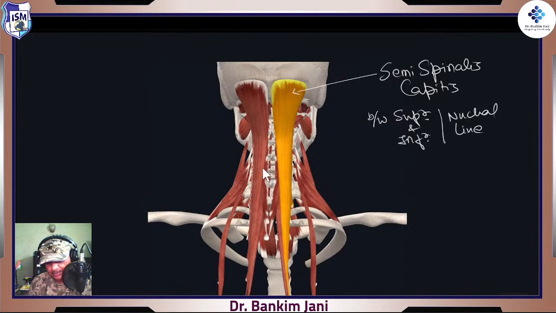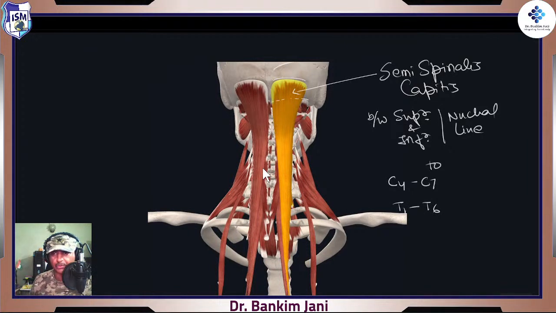See, this is that inferior nuchal line, right? Those small muscles were connected over there. This is superior, this is supreme. So it is covering that in-between area. From there, it is going all the way down, right? In fact, C4 to C7, that is all cervical, and then T1 up to almost T6.